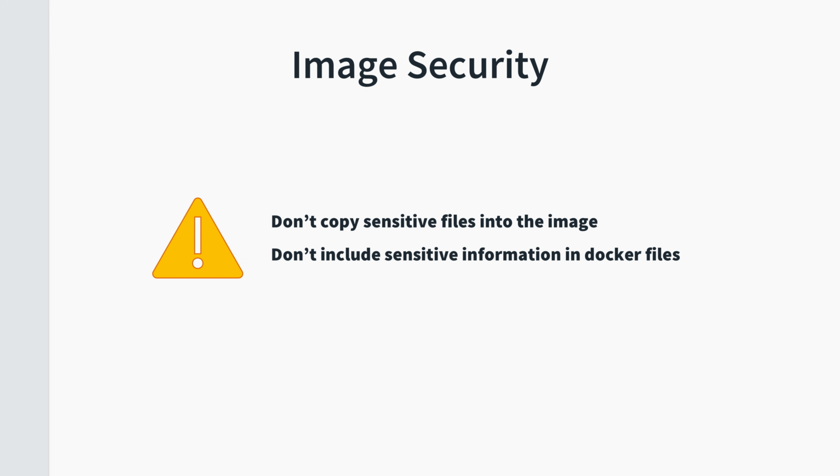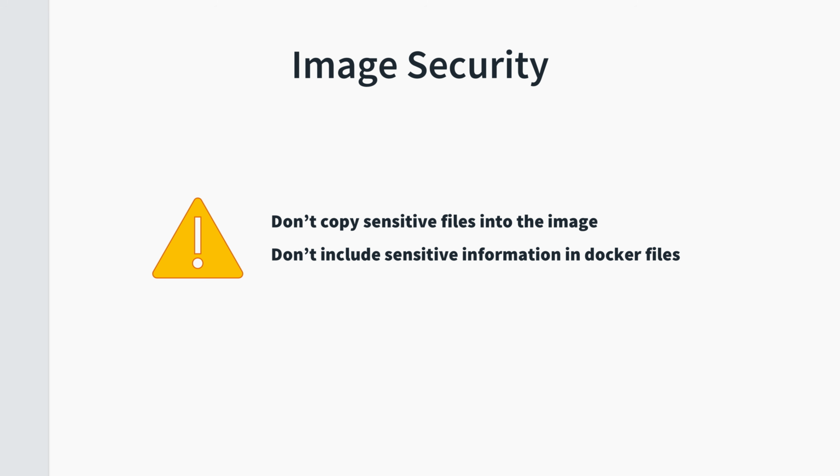Before we go any further, I want to give you a brief but very important security warning. Anything we build into an image is visible to anyone who has access to that image. Think of it like putting a bunch of files into a zip archive. They can easily be extracted later. So there are 2 big rules to keep in mind.